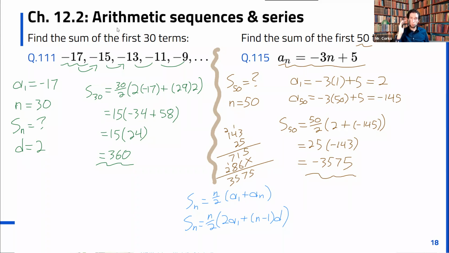Well, so two formulas for the general term and the partial sum for arithmetic sequences. We can use those in all kinds of places to solve a bunch of different types of questions, but it really is just the same two formulas over and over in slightly different orders or slightly different methods.